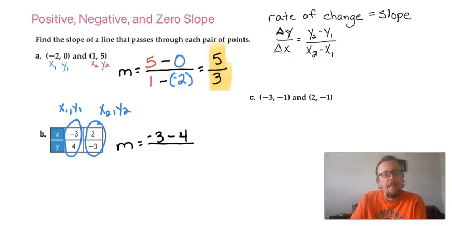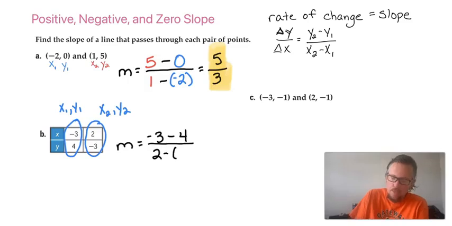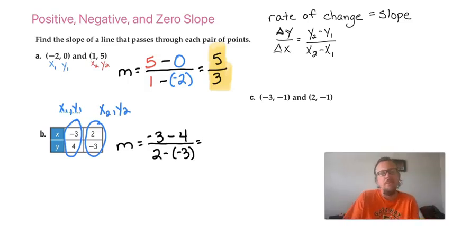And on the bottom, X2, which is 2, minus X1, which is -3. Again, we've got minus a negative, no problem, we can do it. So -3 minus 4 is -7. 2 minus -3 is the same thing as 2 plus 3, which is 5. -7/5 will not reduce or simplify, so that is our slope, -7/5.